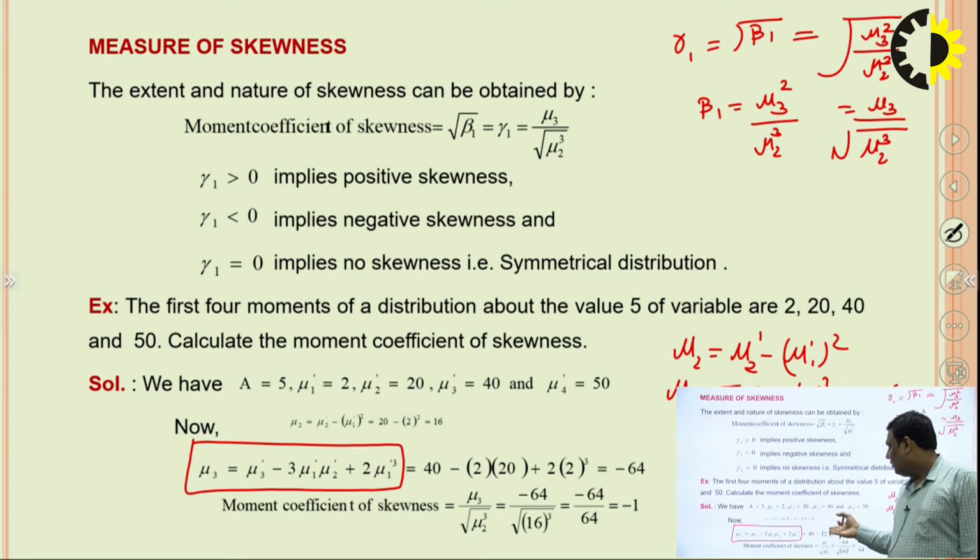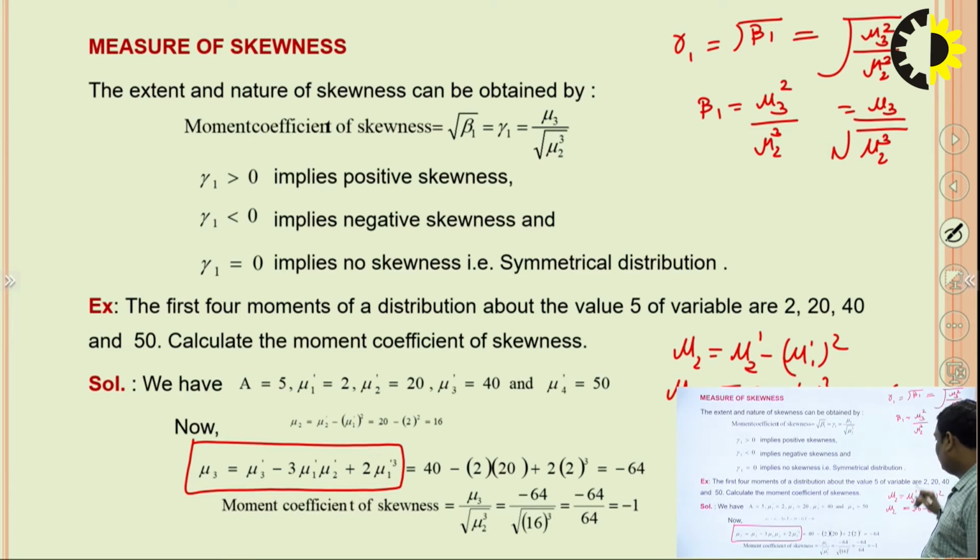Okay, so we have to find mu 2 and mu 3, and here we found out mu 2 and mu 3. Just put the values in the coefficient beta 1, and beta 1 is mu 3 square upon mu 2 cube.